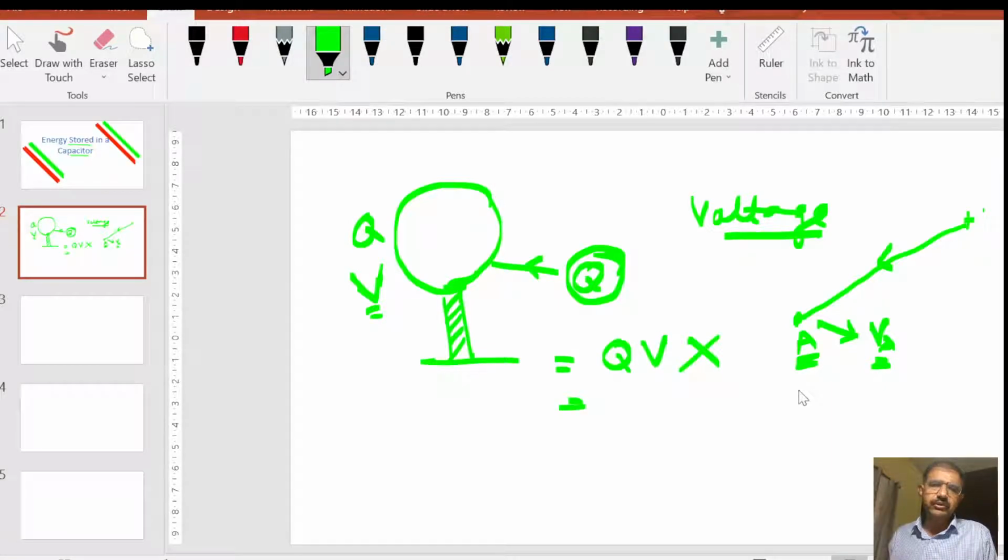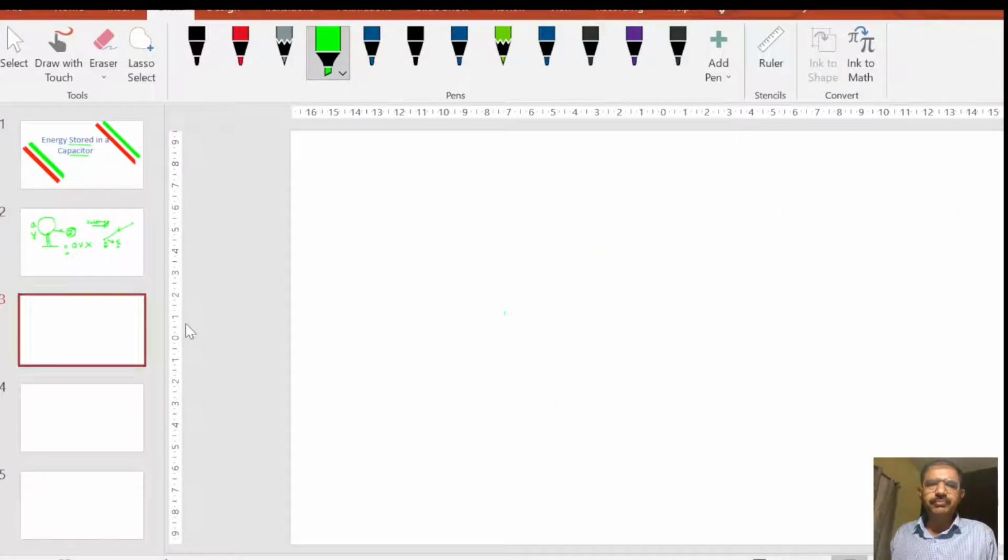That is wrong, because we are giving the charge in small quantities, not all at once. While we transfer charge to this capacitor, I will take the next page.